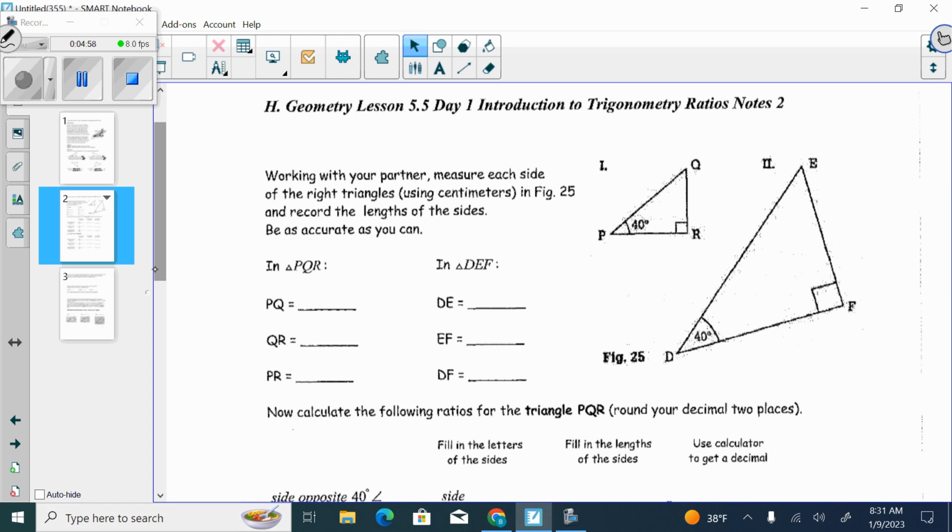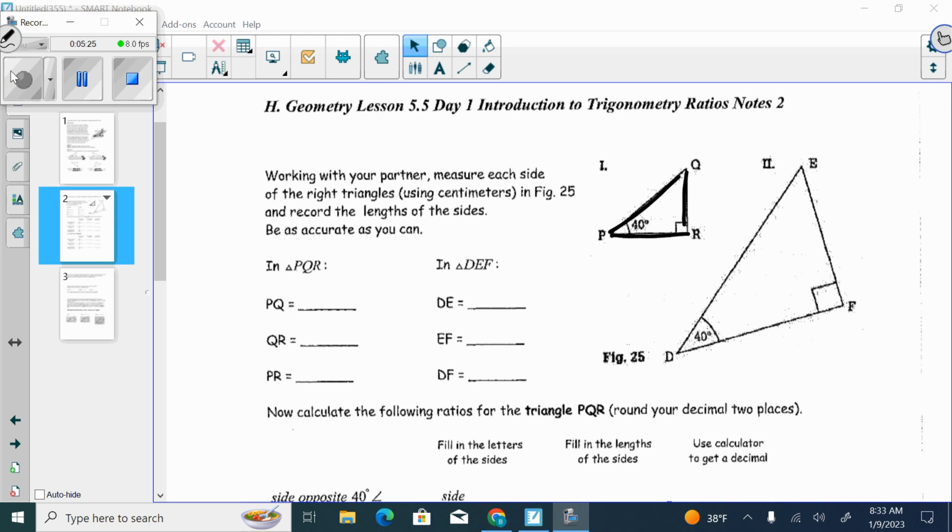Okay, so maybe if you're in a group of two, one person measures the side of one triangle and the other person does the other, but you need to find the measurement for each of the three sides for each triangle, and you're going to write those side lengths on these lines here, okay? So we're just trying to get as close as we can. So some of us may be 0.1 of a centimeter different than our neighbor, but as long as we're close, we're okay. And we'll share what we get in just a second.